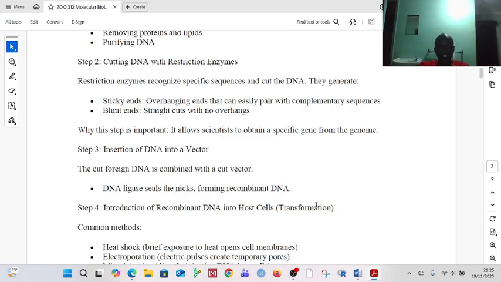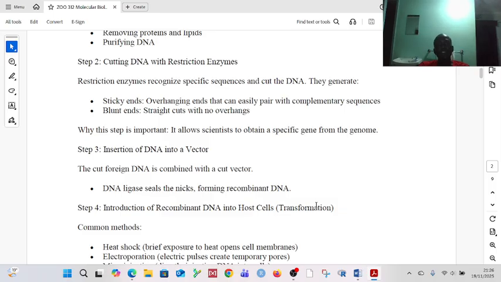After you've done that now, you introduce a ligase to help join. Umekata your gene of interest, umekata the vector. So unahitaji kitu ambacho kitakusaidia kuunganisha your gene of interest and your vector. Kitu ambacho kitakusaidia hapo is a ligase. Ligase inasaidia kufunika the nicks. Nicks are those cuts.